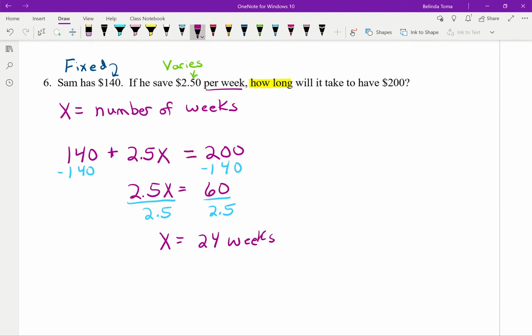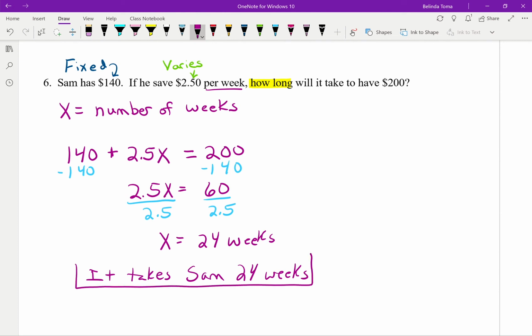And so here we're going to end up with 24 weeks. It takes Sam 24 weeks to save $200. I could certainly finish that.